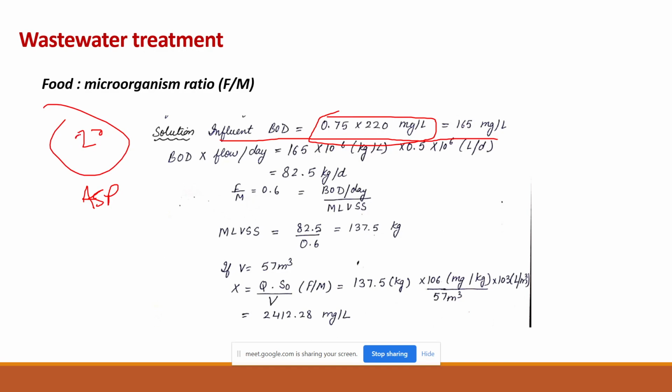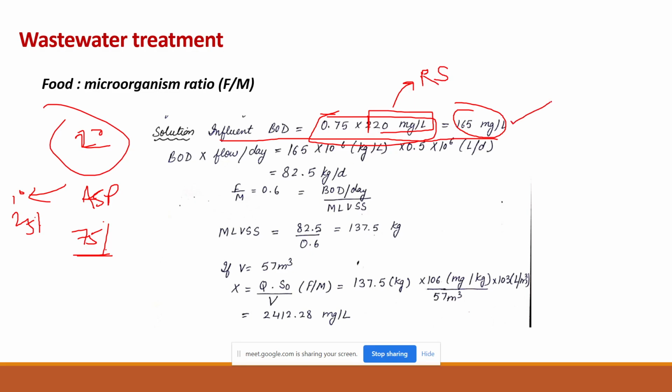In the secondary treatment, 75% BOD is left because 25% has already been removed in primary treatment. So you multiply 0.75 into 220, you get 165 mg per liter. This 220 is the BOD of raw sewage. Fine. So this will give you the influent BOD.